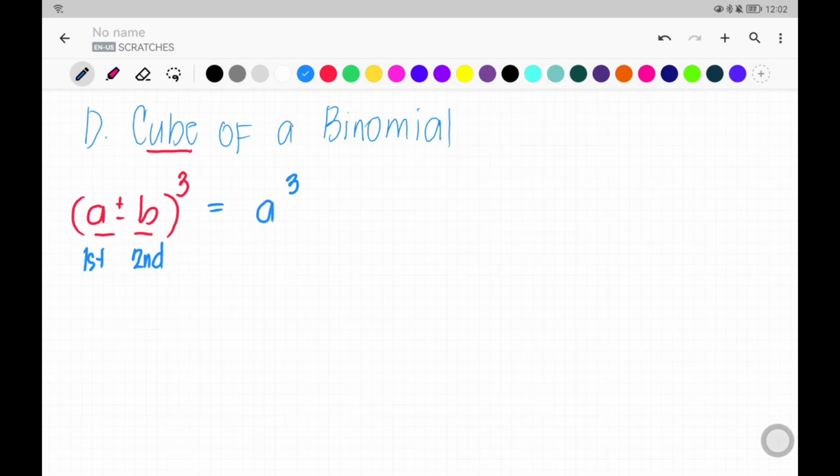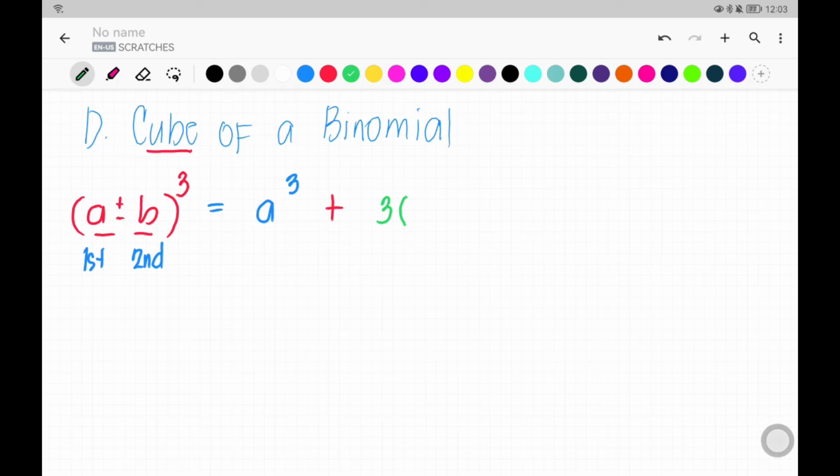Yun. Then next, mag-plus na tayo. Sunod natin gagawin ay magta-thrice tayo ngayon. Thrice means 3 times. Ito talaga yung pattern na susundin natin. We are going to have 3 i-times natin sa product of the square of the first term and the second term.